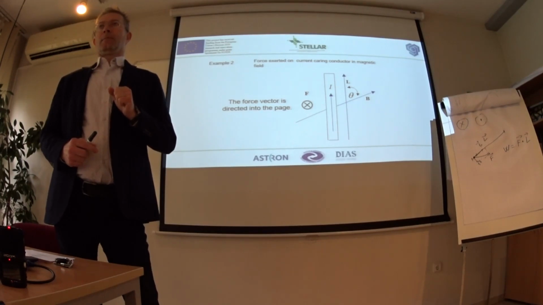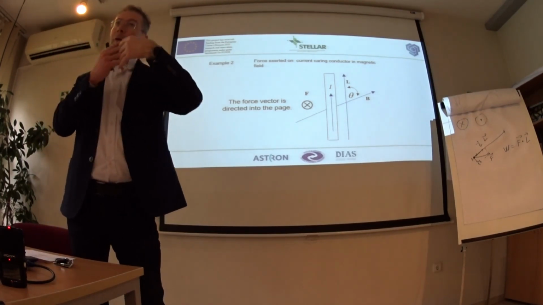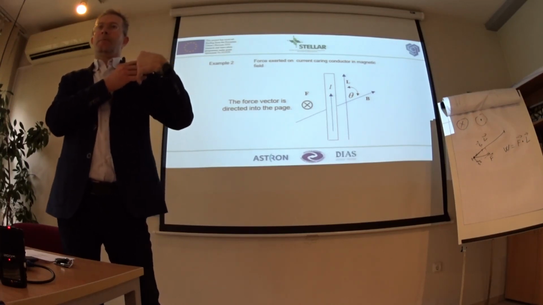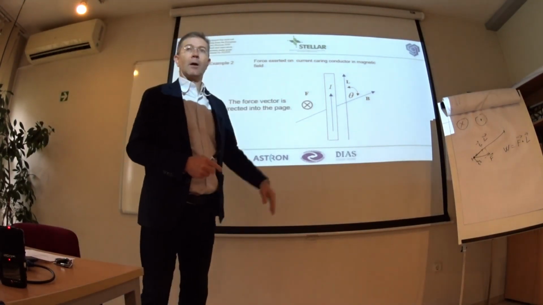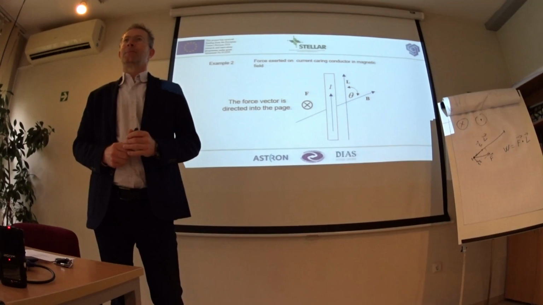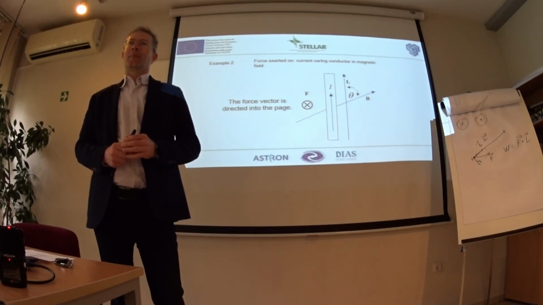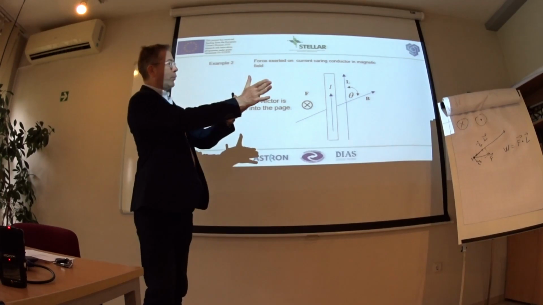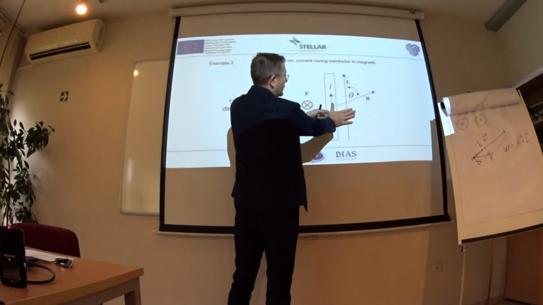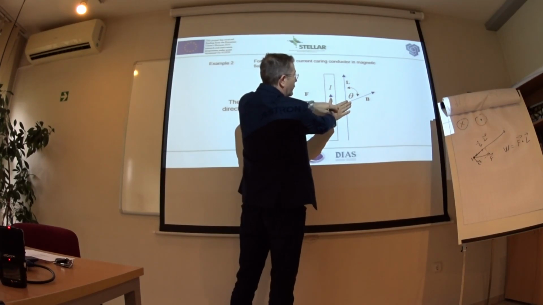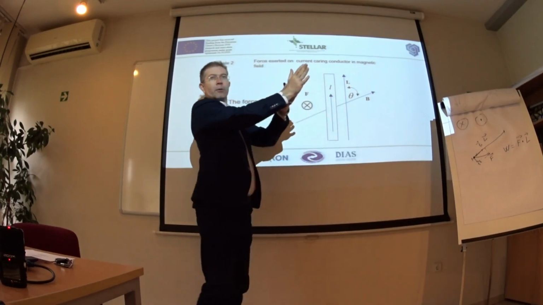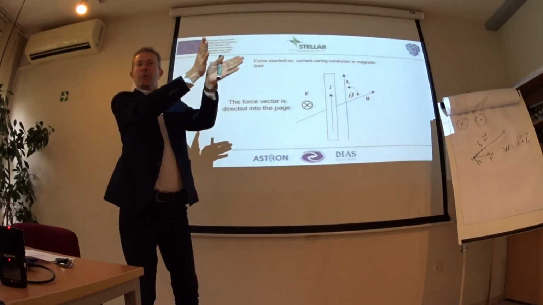The conductor will feel a force. And how do we determine this force? With the right-hand rule. If the current is in the direction of the thumb, and the magnetic field is in the direction of the index finger, the force will be in the direction of the palm.